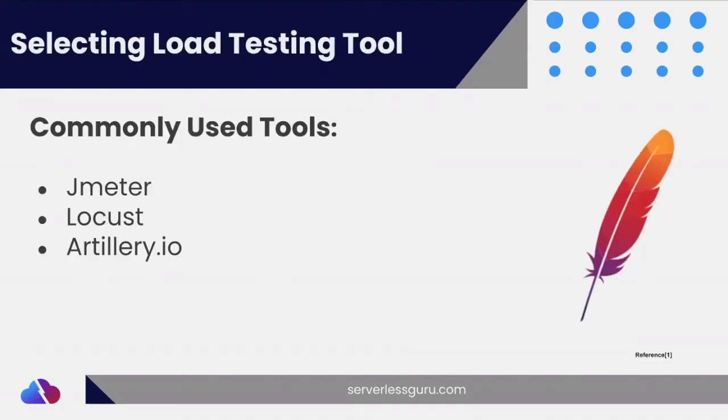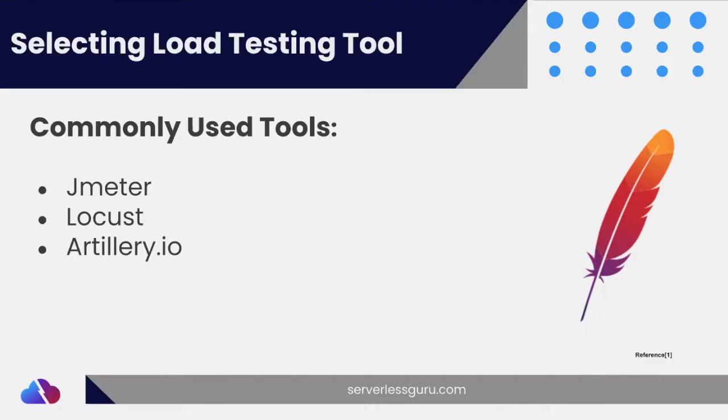The next thing is, how do we do load testing? There are a lot of tools in the market, open source and paid, which you can install on your local machine or on EC2 instances or any other cloud environment, and generate load from there against your application.